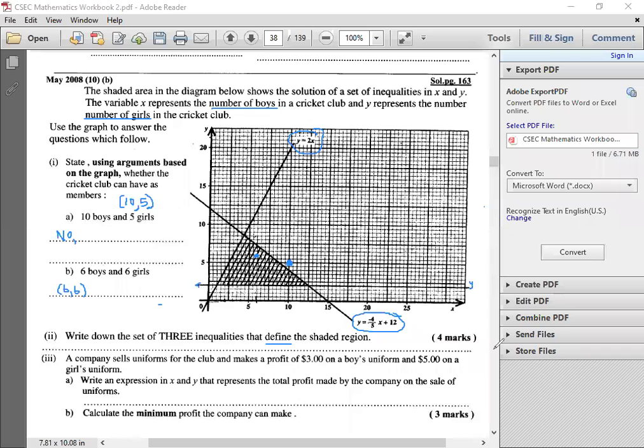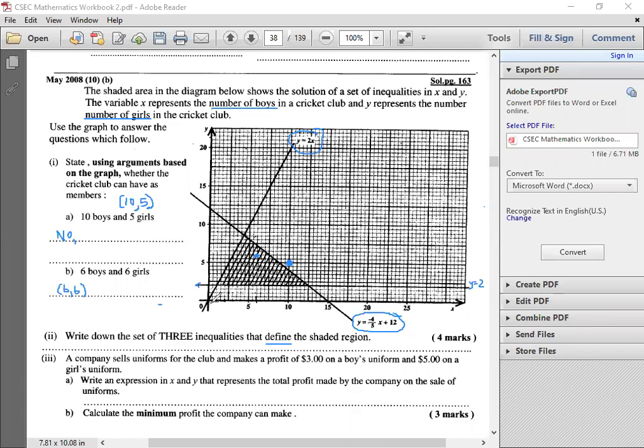So convert those into inequalities based on the principle of the shading that satisfies the shaded region. Why is it 2?